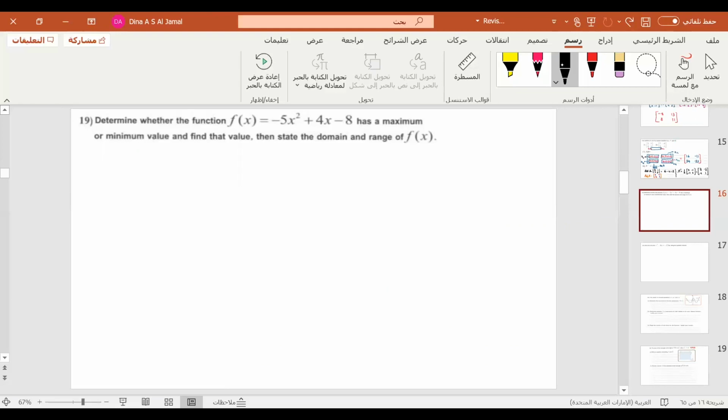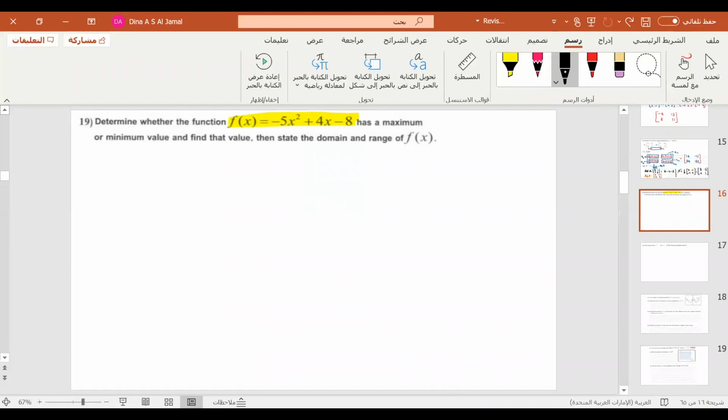Determine whether the function f of x equals minus 5x squared plus 4x minus 8 has a maximum or minimum value or none. Find that value, state the domain and the range. Great. So whenever he's asking you such a question, first of all, this is a quadratic function.